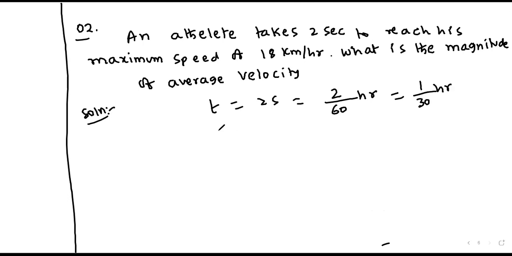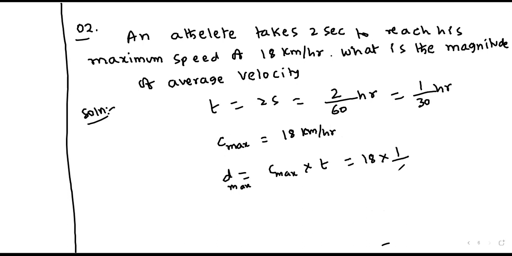And speed, they give maximum speed, that is V max, 18 kilometers per hour. So firstly, I'll find the distance. Maximum distance is V max into T, that is 18 into 1 by 30. How much is it? 3 by 5 kilometer.